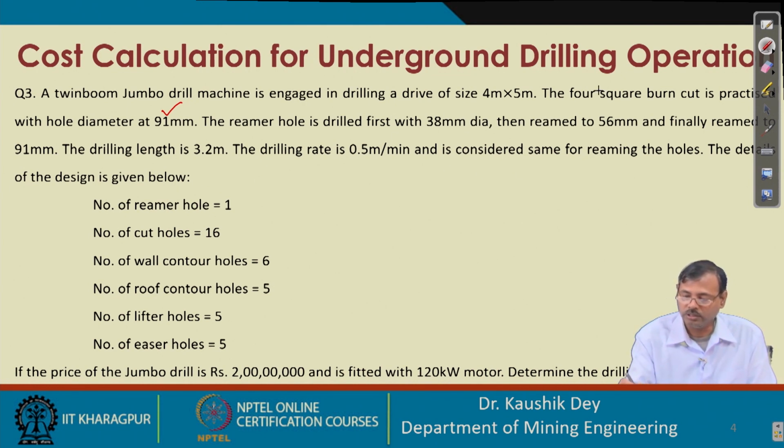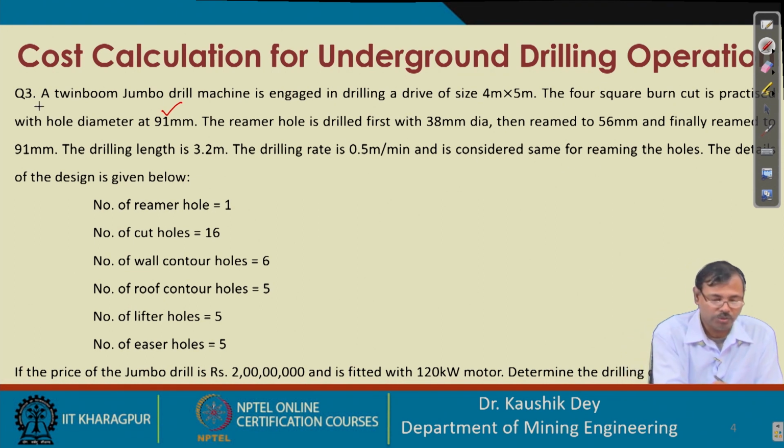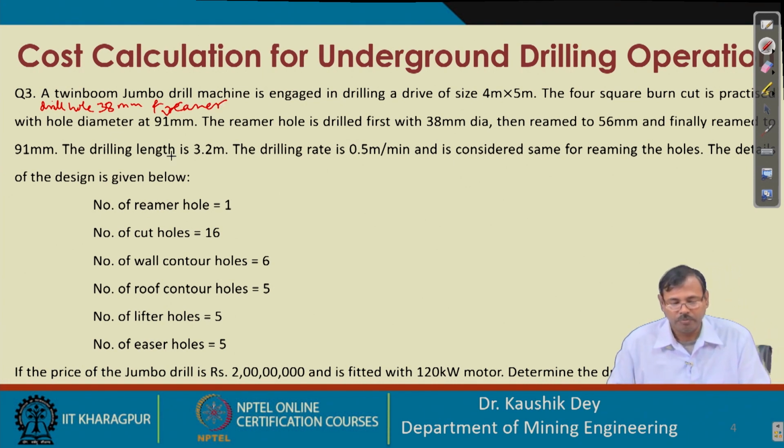So, this is the 38 mm drill hole diameter, and a reamer hole diameter of 91 mm. So, this 91 mm is the central reamer hole, and the blast holes are drilled with 38 mm.